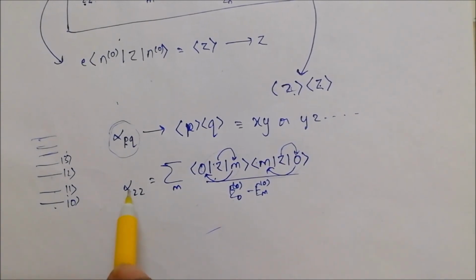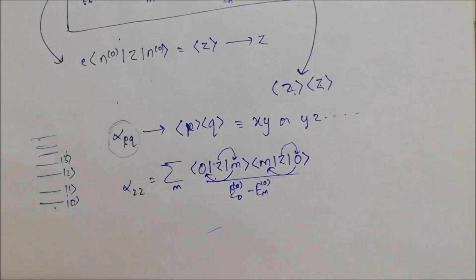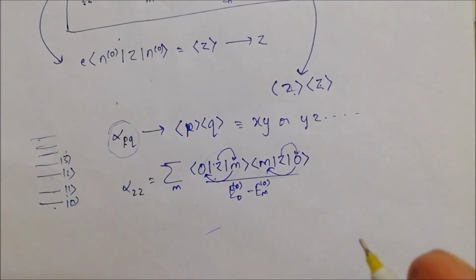So this alpha zz is nothing but a measure of how much the electron distribution is going to shift between different states due to an electric field along a certain direction.